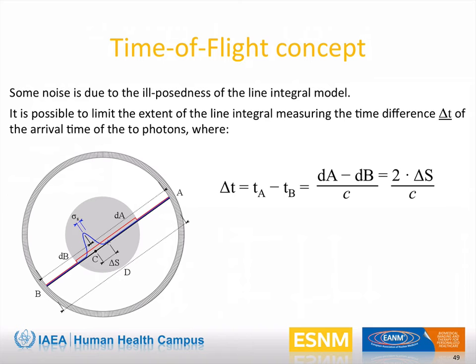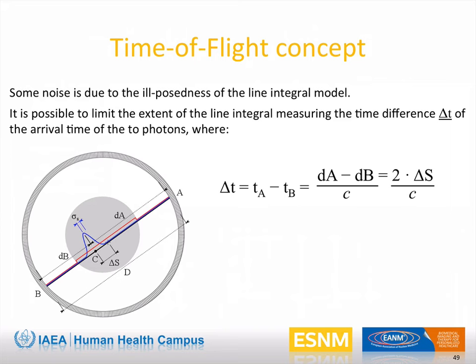The difference in arrival time of the two photons, emitted from point C to detectors A and B respectively, is then given by delta t equal to dA minus dB divided by the speed of light c, where dA and dB are the distances from the annihilation point to the corresponding detector for photons A and B respectively.